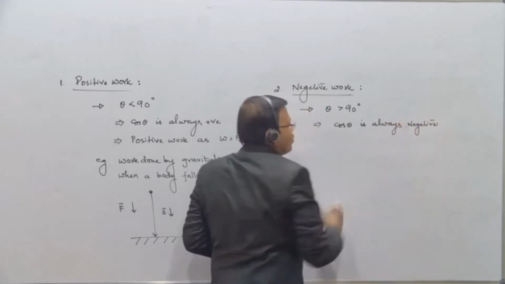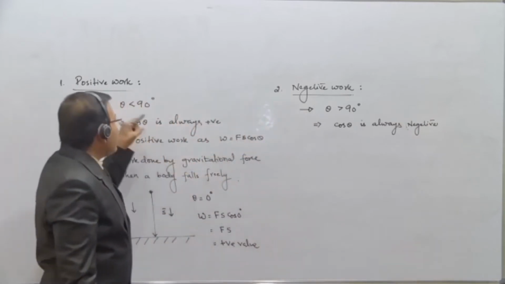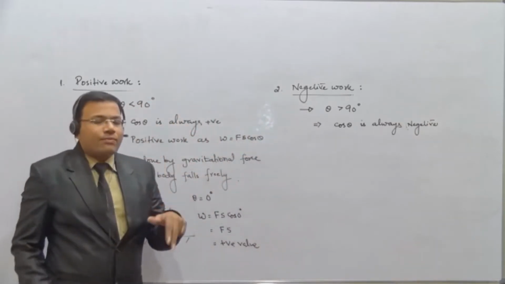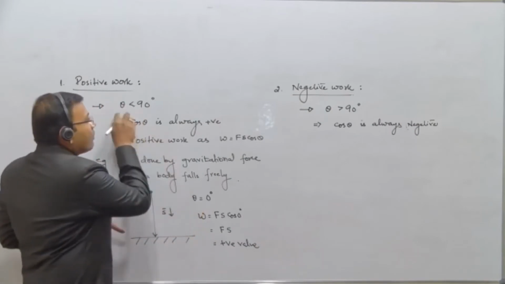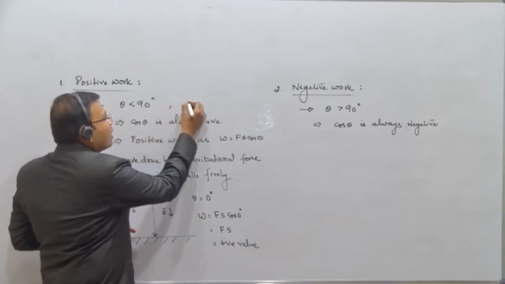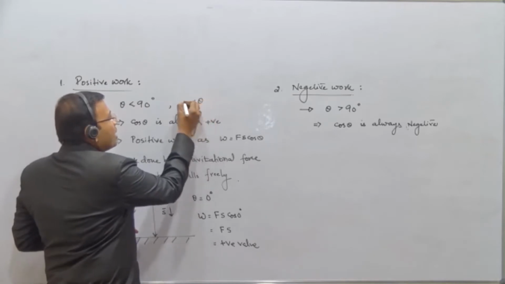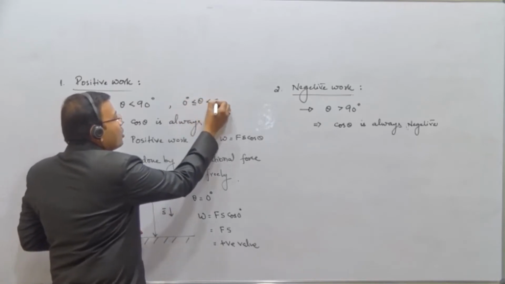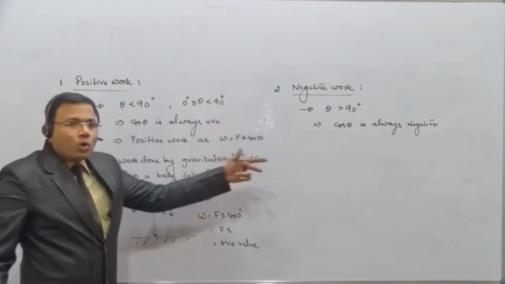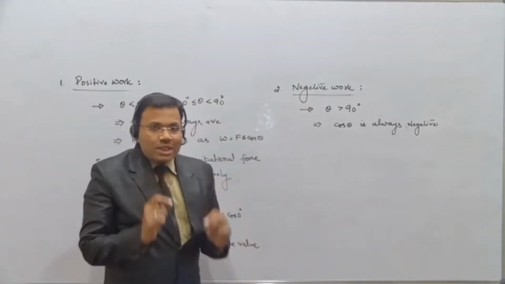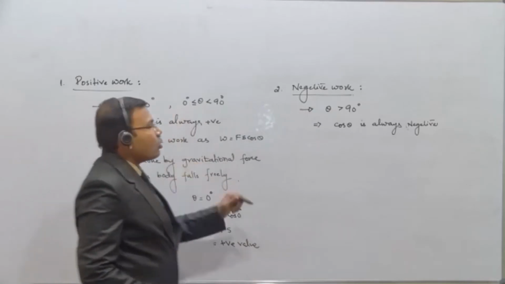And one condition is also there, students. Here I am saying it is less than 90. Here we have to put one condition also, that the theta value must be in between 0 and less than 90 degrees.